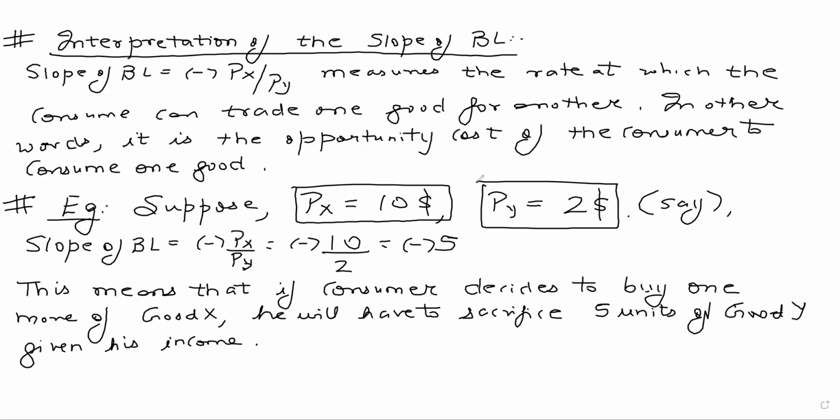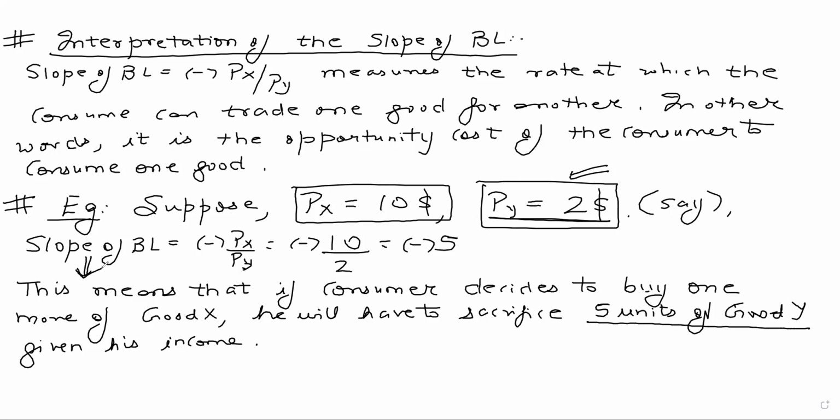With those $10, I could have bought 5 units of good Y because the price of good Y is $2. Now, when I plan to buy 1 unit of good X, how many units of good Y am I sacrificing? I am sacrificing 5 units of good Y. So I hope students have understood how we have interpreted the slope.